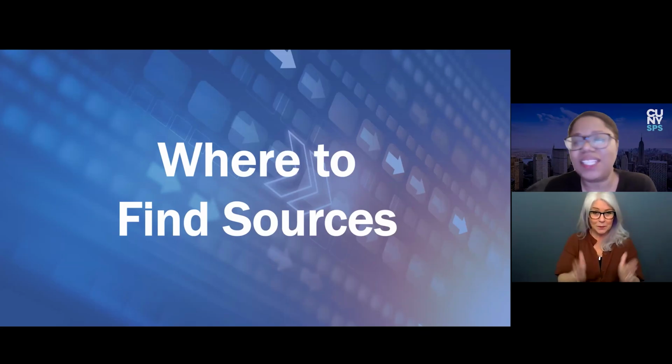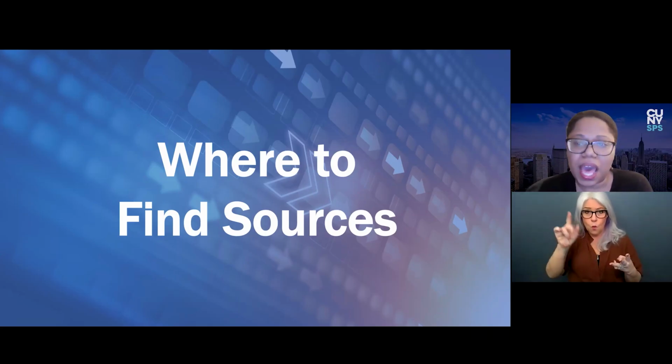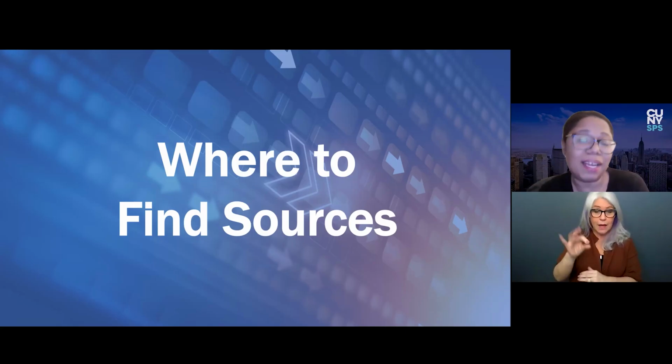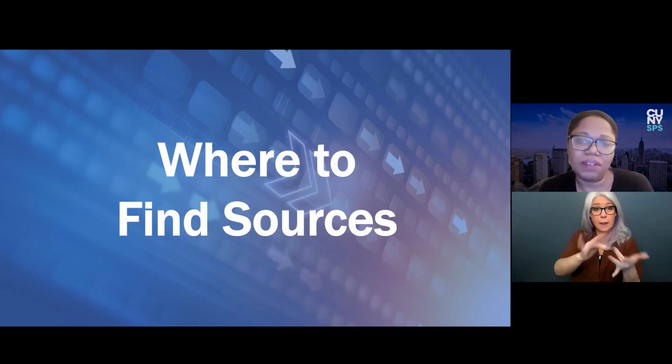And now that we've discussed what sources are and how and why to cite them, I'm going to really focus on where to find them, and more information about how to cite them. So most academic journals are available for purchase online, but the high cost makes them inaccessible for many students.